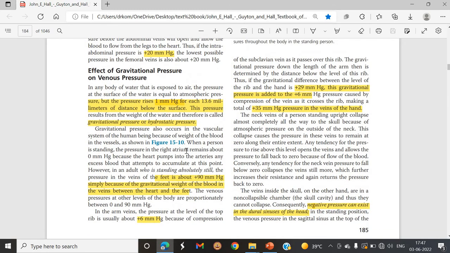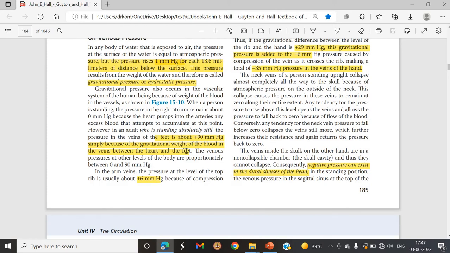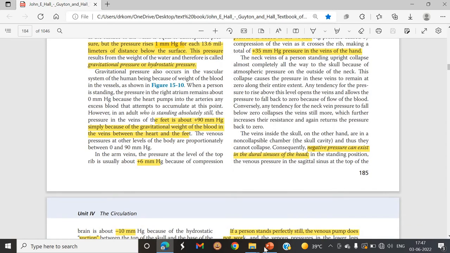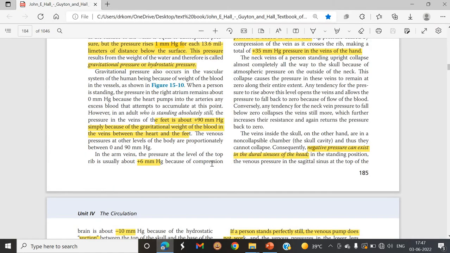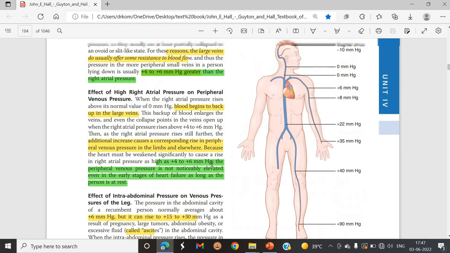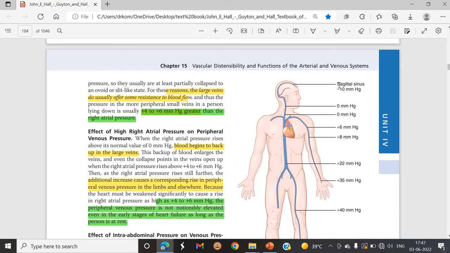But yes, there are two very good comments I would like to make. When we are in a sinus surgery, there are very high chances of air embolism, and there is a function of the venous pump. Why does it happen in a surgeon? If you focus on this image, you can see there is minus 10 mmHg. It is a subatmospheric pressure and there is no air.